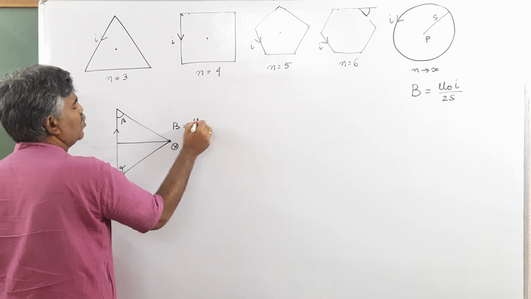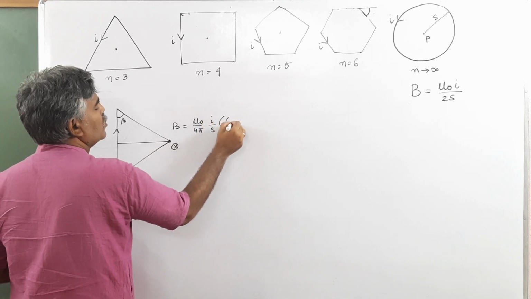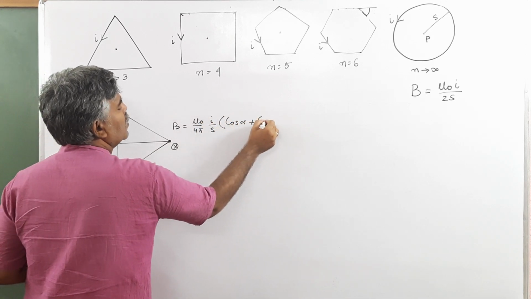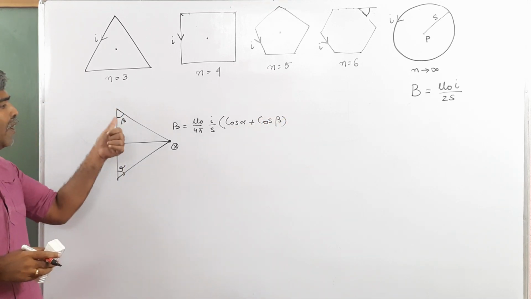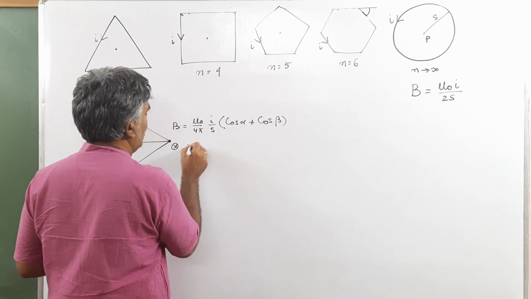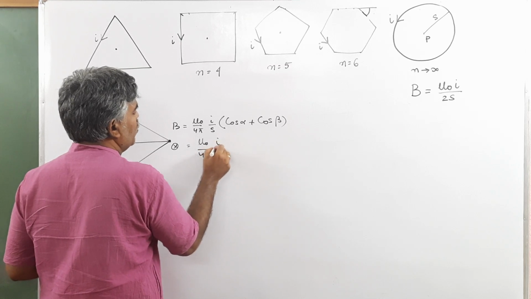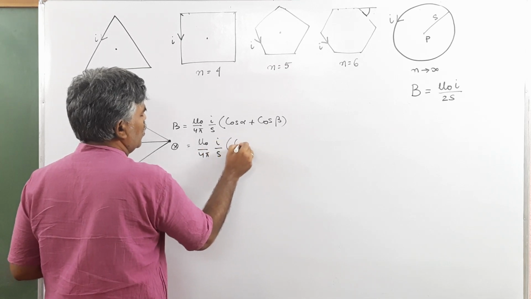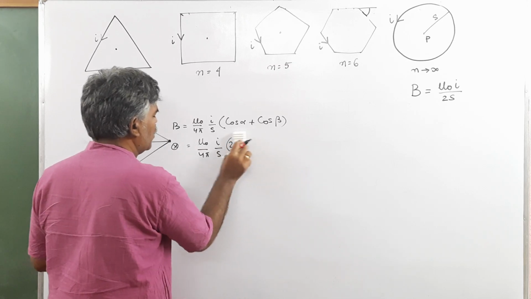So it's mu 0 by 4 pi I over s times cos of alpha plus cos of beta. So if alpha is equal to beta, then it is mu 0 by 4 pi I by s cos of alpha times 2. So 2 cos alpha.